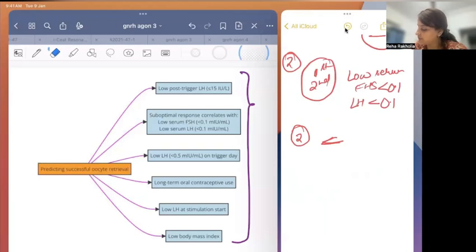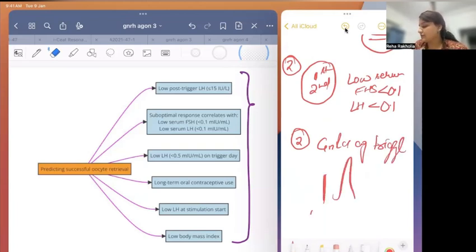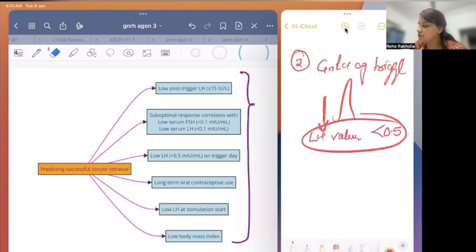When we are going to give the trigger, we'll do the LH values, and if it's less than 0.5, we usually don't use the GnRH agonist trigger in this case.